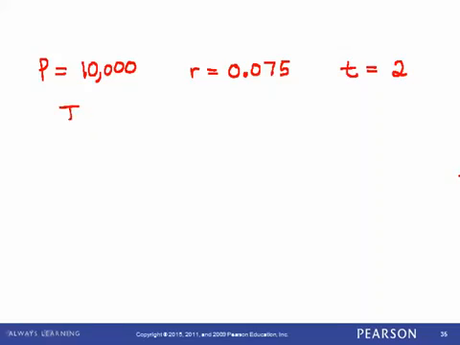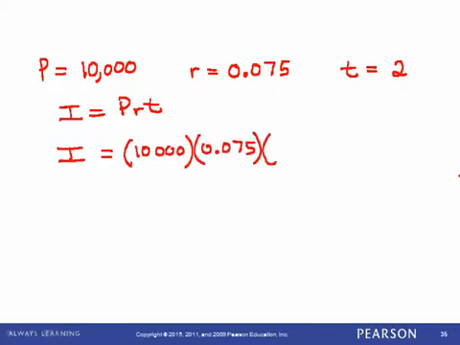So plug it into the formula, PRT, interest we're going to calculate right now, 10,000 times the R value times the time in terms of years here. And if you do that, again, you're going to have to use a calculator here. It should wind up to be $1,500. Not bad. $10,000 sitting in the bank for 2 years, get you an extra $1,500.